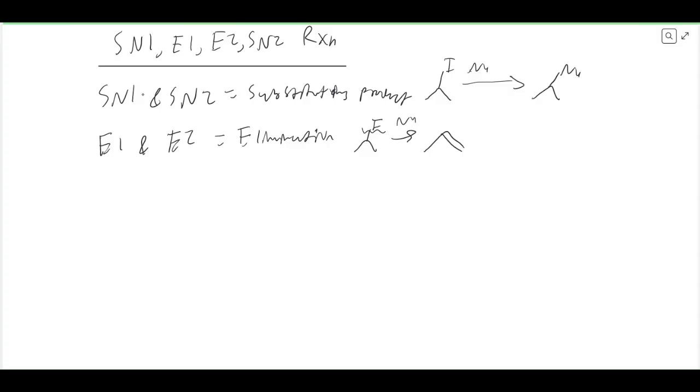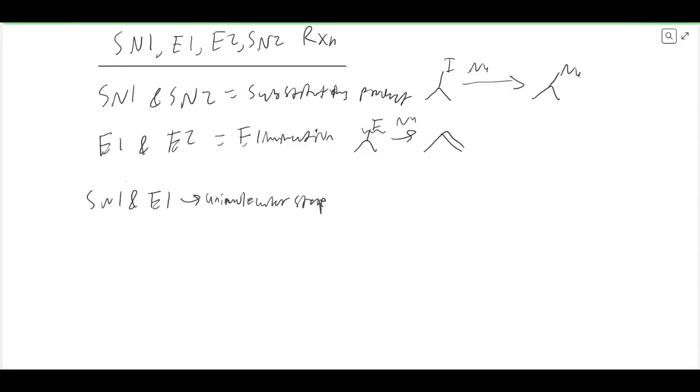However, there are differences between E1, E2, SN1, and SN2. So SN1 and E1 are similar in that they go by a step-by-step plan. They are a unimolecular step.